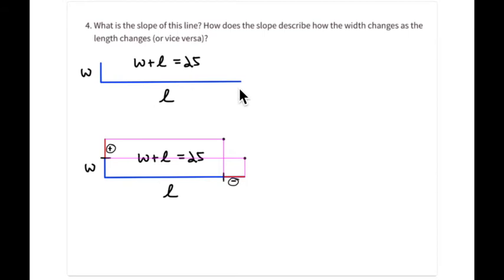Well, if I add some units to the y value, which in this case is the width, I'm going to subtract that same amount from the length. So this is going to be a positive amount over a negative amount. So I'm subtracting this same amount from the length. So I'm moving this piece over to here. So if I add this piece to the width, I have to subtract that piece from the length. That's a negative slope. And notice it's the same amount.